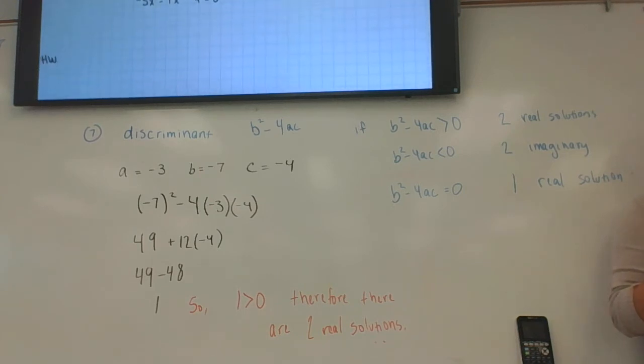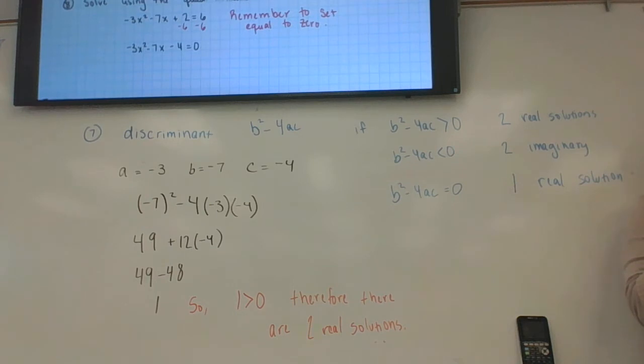Yes, Holly? This is now number 8. No, this is quadratic formula, and this is discriminant. They're different. The quadratic formula is negative b plus or minus the square root of b squared minus 4ac, all over 2a.